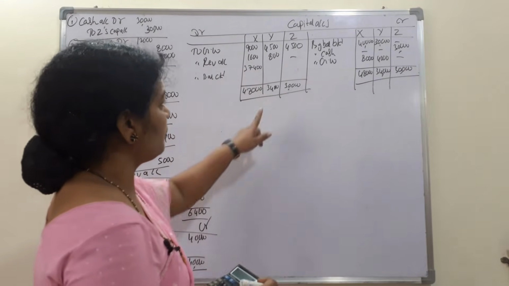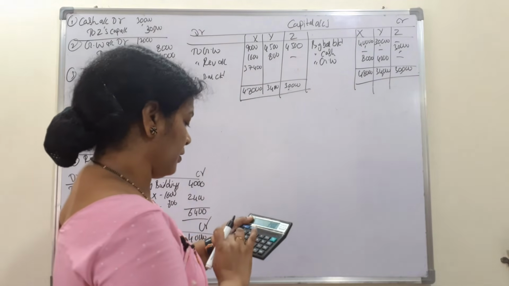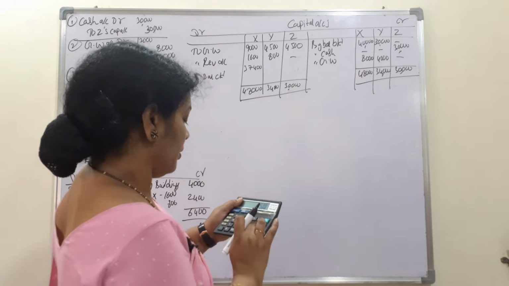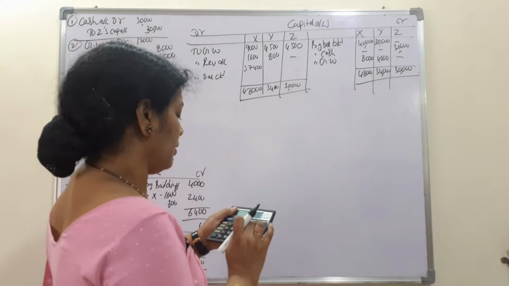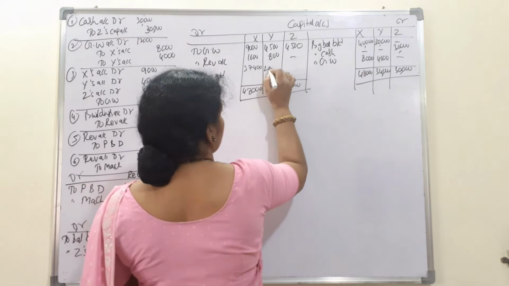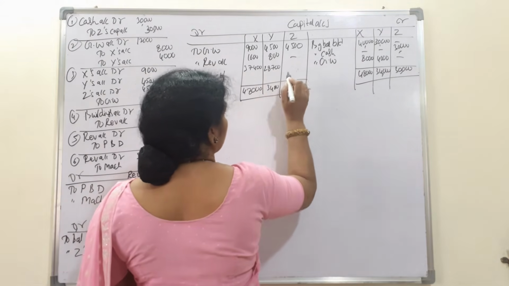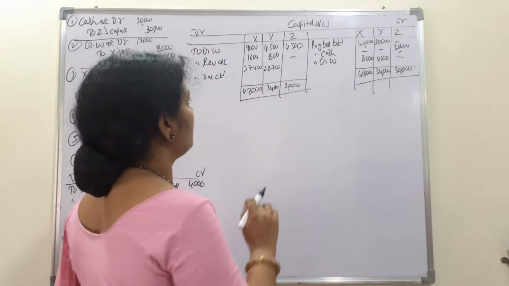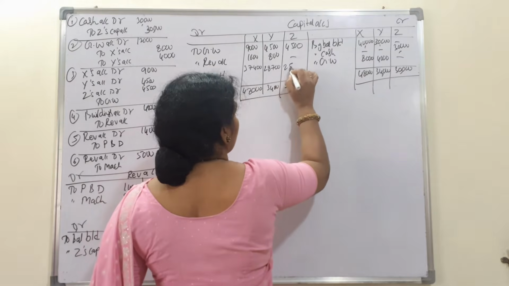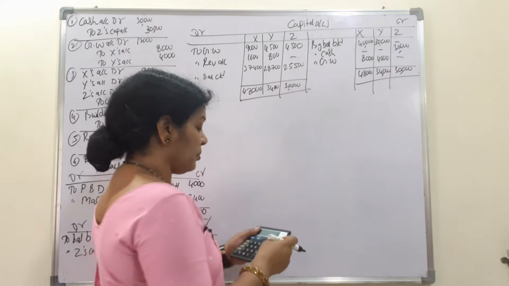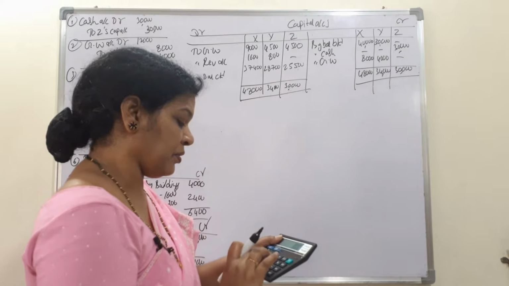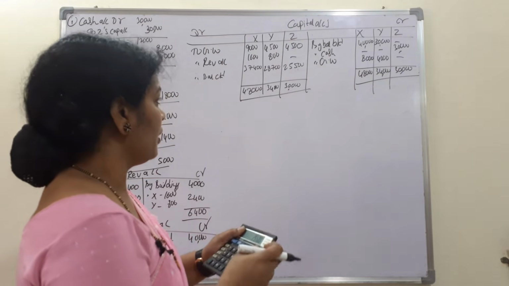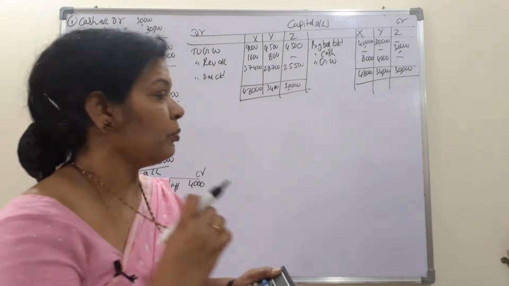And this one, 34,000 minus 4,500 minus 800 is 28,700. And this one, 30,000 minus 4,500 comes to 25,500. Am I right? Let's check it out. Yes, 25,500. Now we can open the balance sheet.